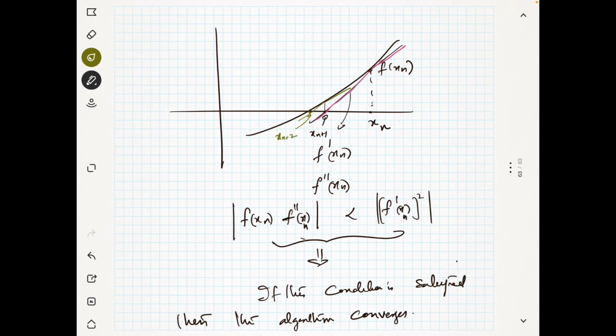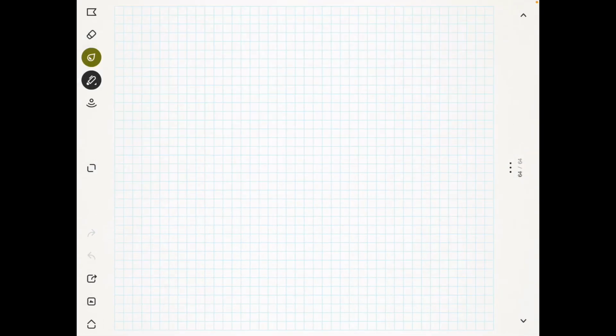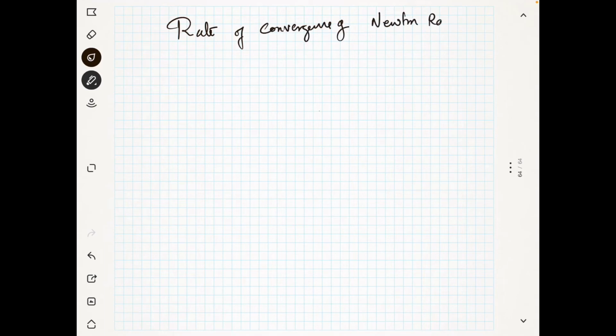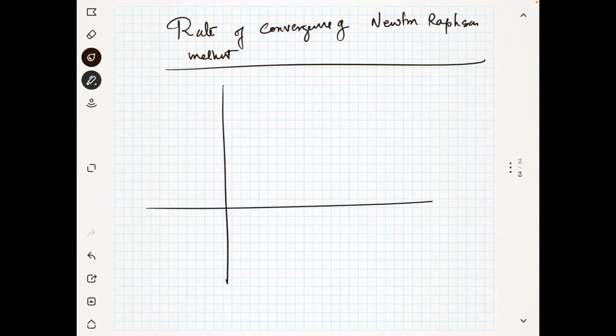Like this I will be proceeding, but how fast it is moving towards the solution, that's what we are going to analyze. Okay, so the rate of convergence of Newton-Raphson method. Okay, now I will first draw the figure.